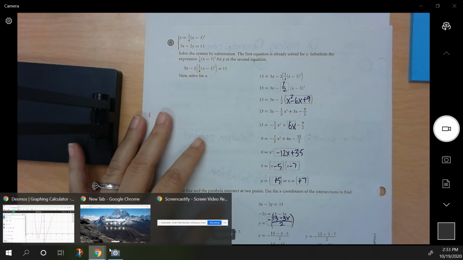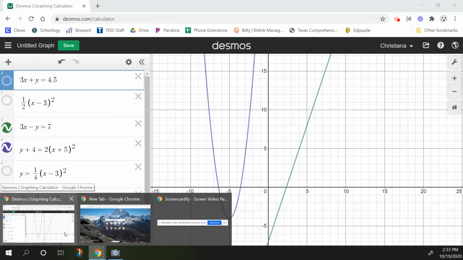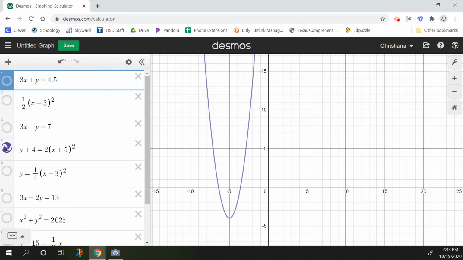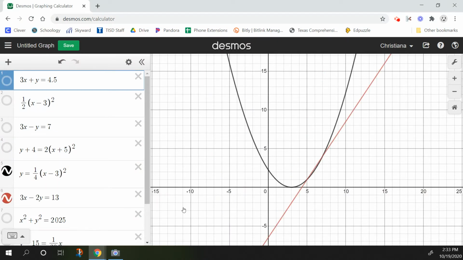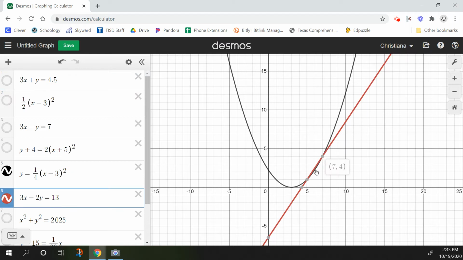So I've shown you on the paper how to do it algebraically, and now we will do it with Desmos. We put in our two equations, and you notice that there are 2 points at which they cross, and that is at 5, 1 and 7, 4. So those would be our two solutions.